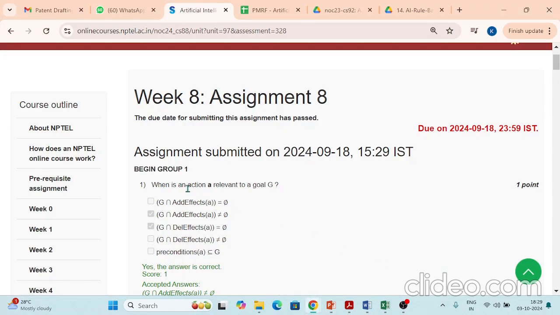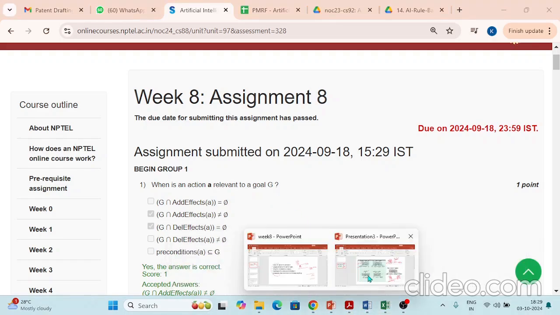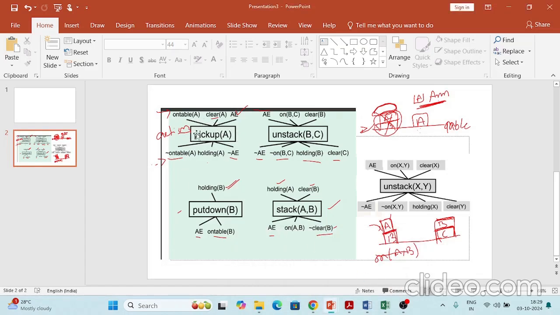Now we will see when an action A is relevant to the goal G. Assume that we perform an action, say pick up A. We get a positive effect, holding A. If this holding A is in the goal, then we can say the action is relevant.